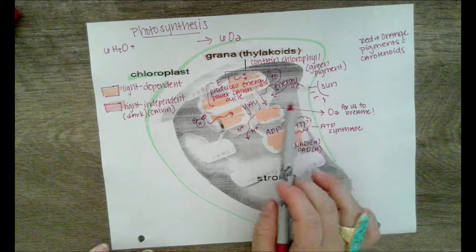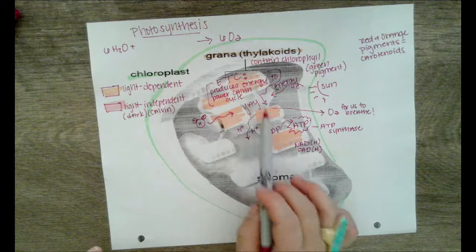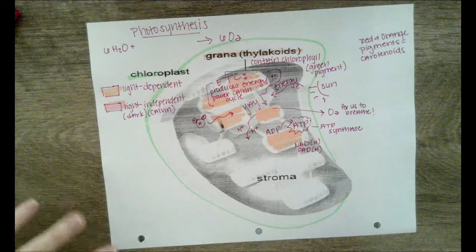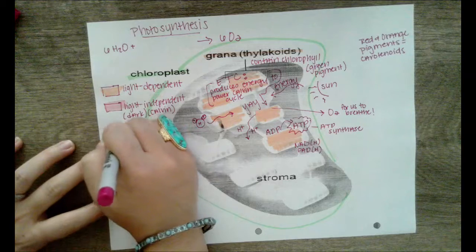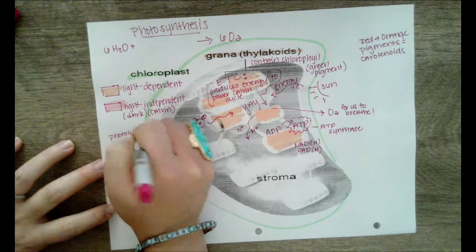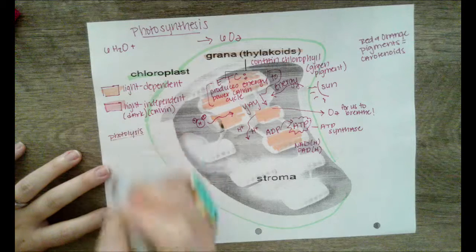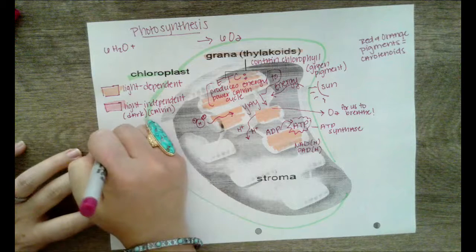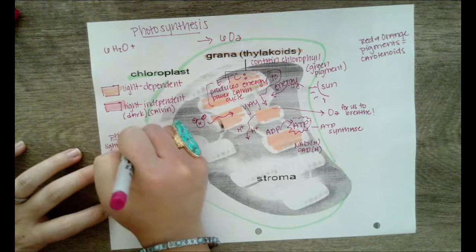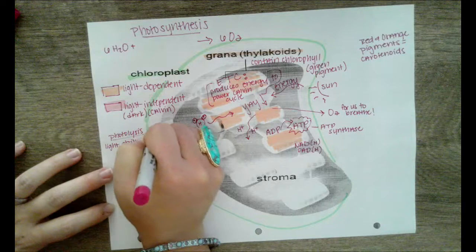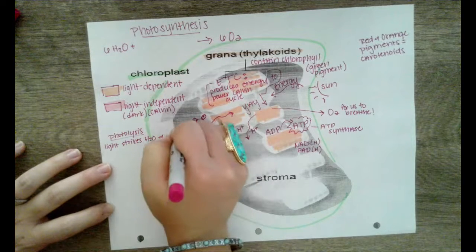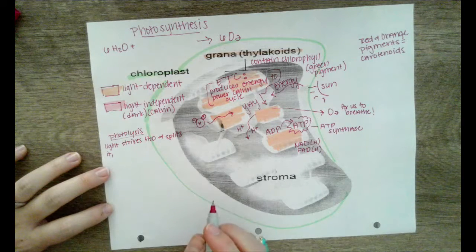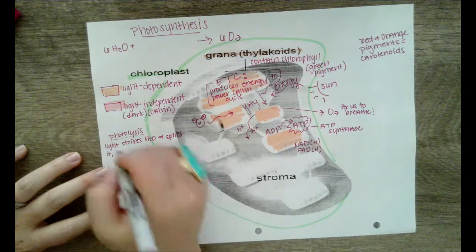When the sunlight strikes the water molecule and splits it, when it gets excited, this is called photolysis. So let's write a little bit about what's happening in photolysis. The light strikes the water and splits it. Oxygen leaves, and the hydrogen ions are left behind.